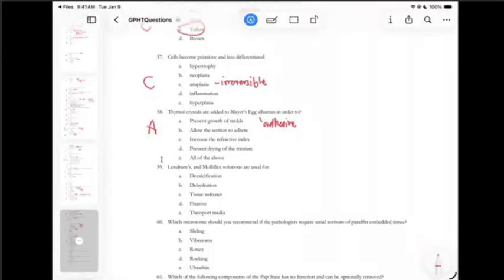Thymol crystals, 58, letter A, prevent the growth of molds. Your Mayer's egg albumin would also contain egg whites, which is the actual adhesive, and glycerol. May glycerol din yan to prevent the drying. So 58, letter A.